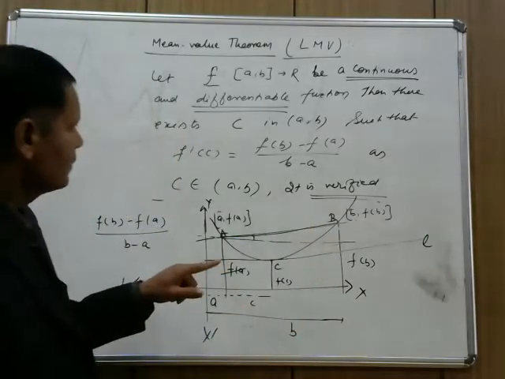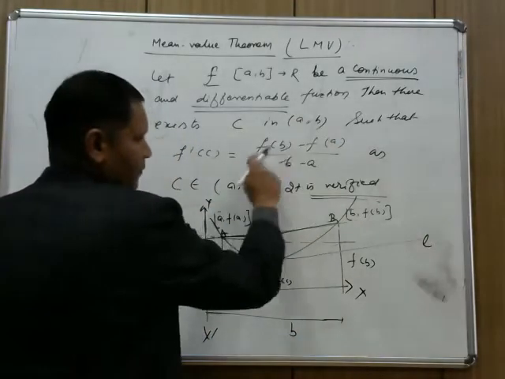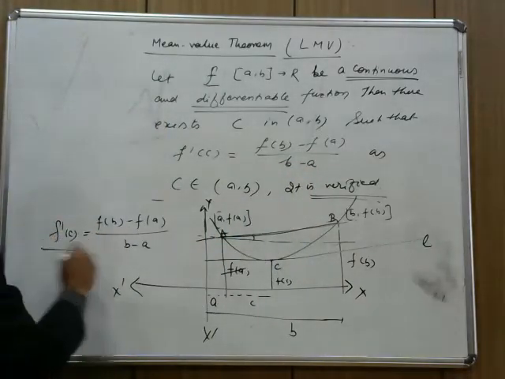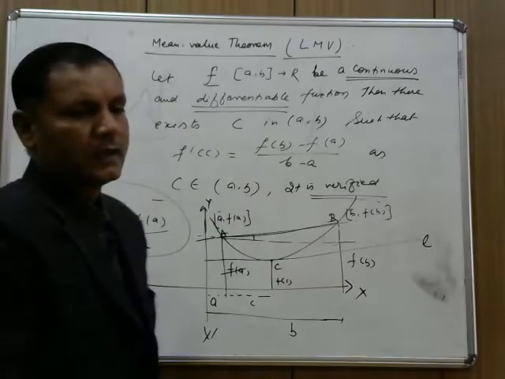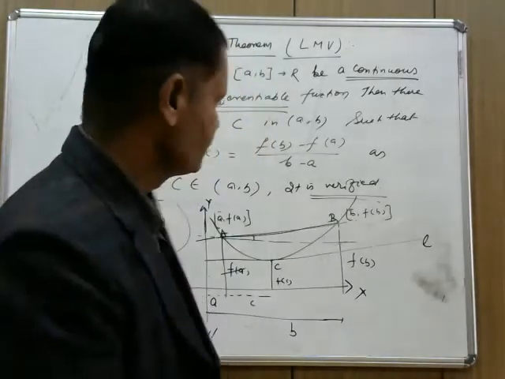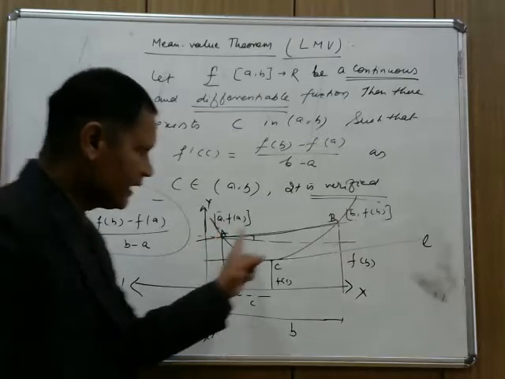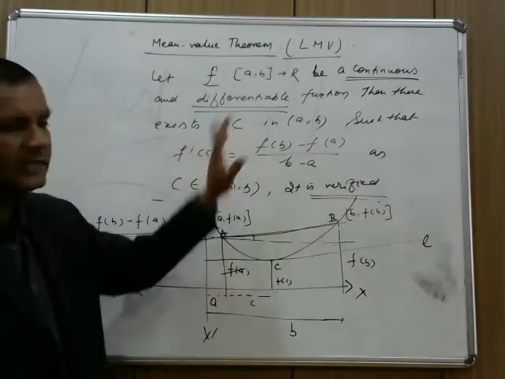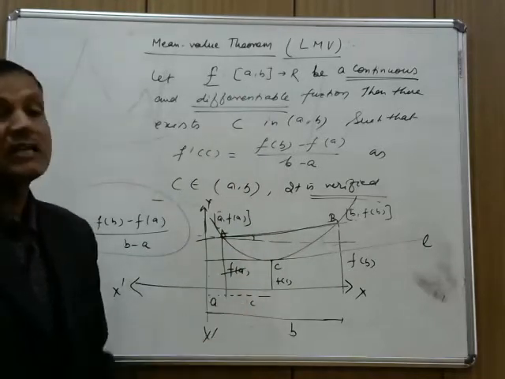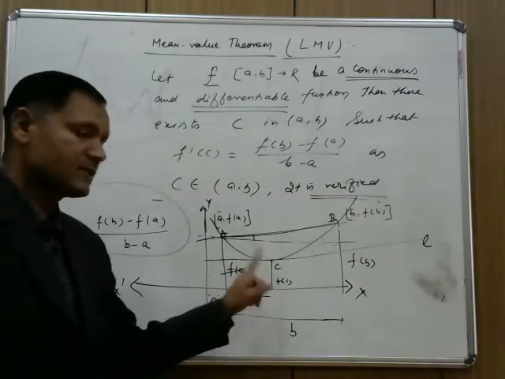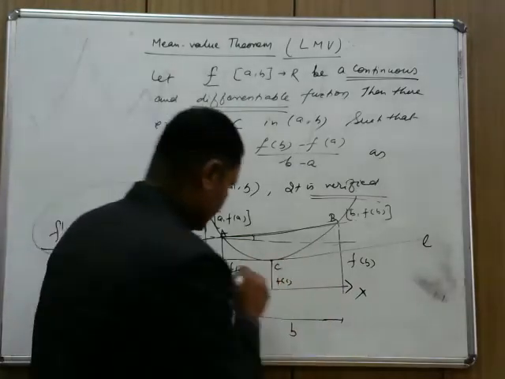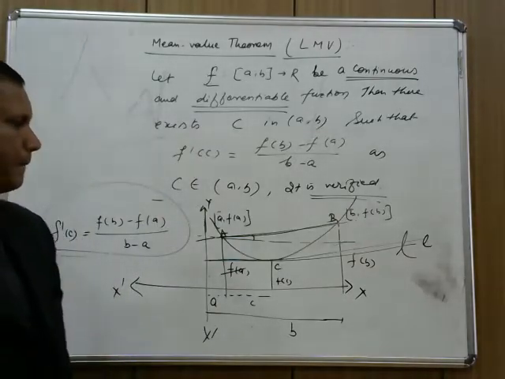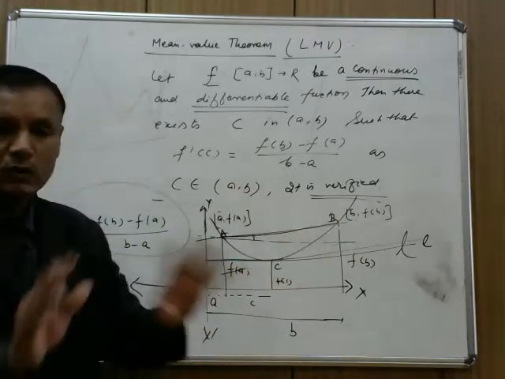And we have discussed that f of B minus f of A upon B minus A is equal to what we have written here, f dash of C. It means that in the mean value theorem, in between A and B, if the given function is continuous and differentiable, and if you draw the tangent at the point C, then this line L, the tangent, will be parallel not to the x-axis.